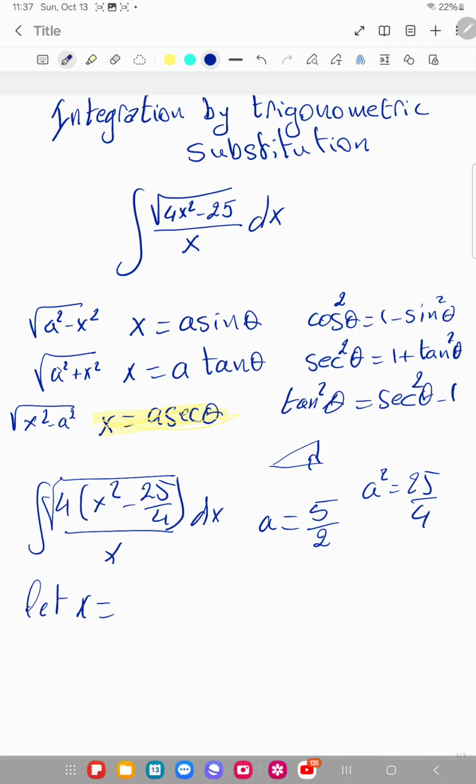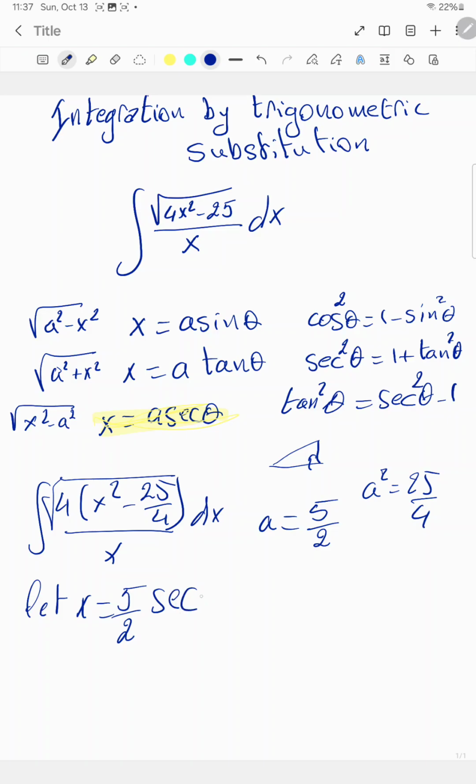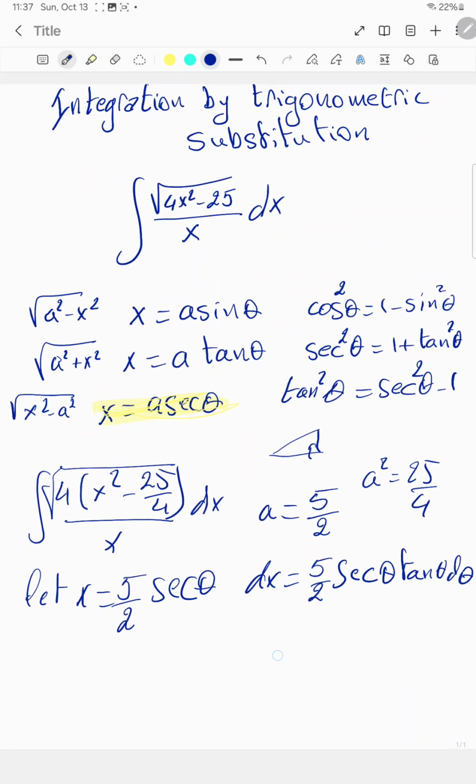My a in that case is 5 over 2, so x is 5 over 2 sec of theta, and my dx will become 5 over 2 sec of theta tan of theta d theta, because the derivative of sec theta is sec theta tan theta.